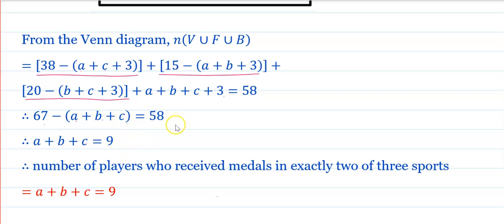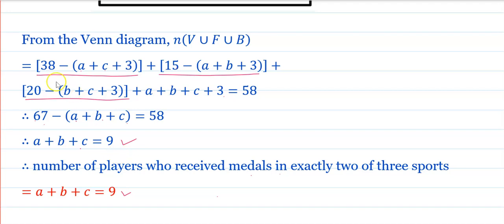Therefore here we want to calculate A plus B plus C, that is equal to 67 minus 58. Then you will get 9. Therefore the number of players who received the medal in exactly 2 of 3 sports is equal to 9. There are 9 students who get the medals in 2 of the 3 sports.